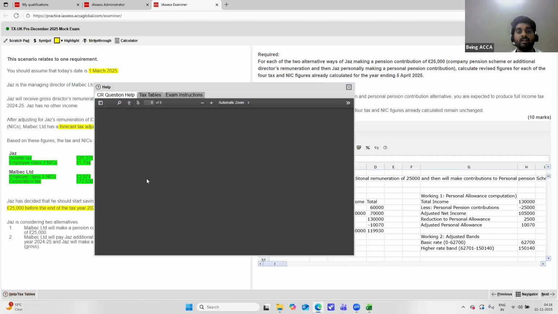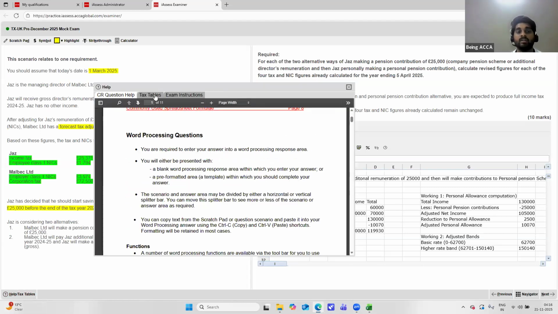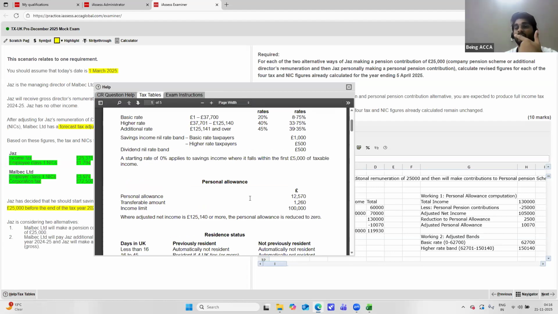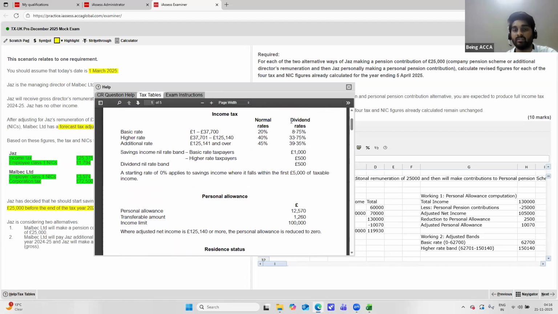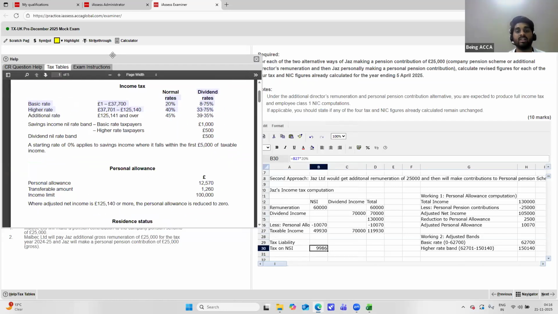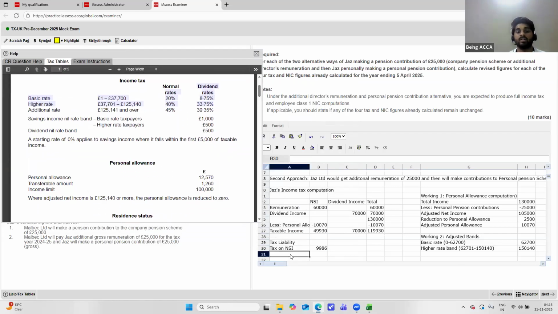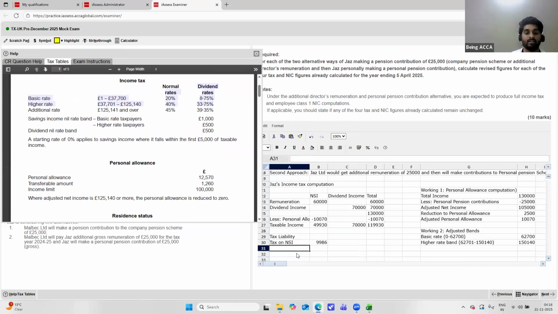Always remember, guys, 20%, 40% and 45% might be easier to remember. But for dividend income, you have different band rates over here. So if you have any doubts or are unable to remember what the values are, you can always take a look at these tax rates and apply them accordingly. So let me keep this here for reference. Now, what will happen for dividend income? We'll be calculating dividends.